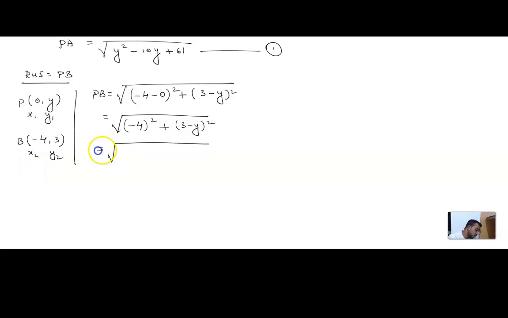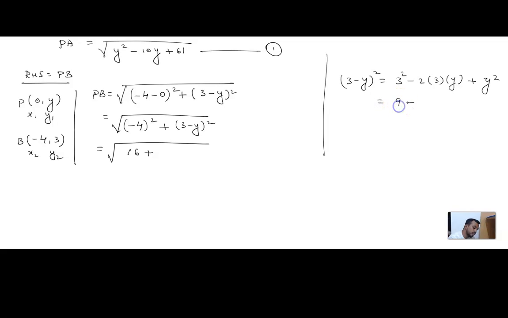That is root of minus 4 whole square, which means minus 4 into minus 4. Minus into minus is plus, 4 4s are 16, plus (3 minus y) whole square. It's in the form of (a minus b) whole square, that is a square minus 2ab plus b square.